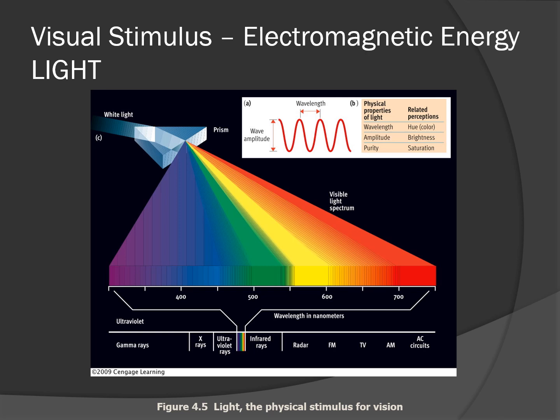So if we look at the electromagnetic spectrum, I have it going from gamma rays and X-rays and ultraviolet rays in those really short wavelengths. If we look from peak to peak on the waveform, which I'm trying to show you up there in the top right, we have those really short wavelengths.